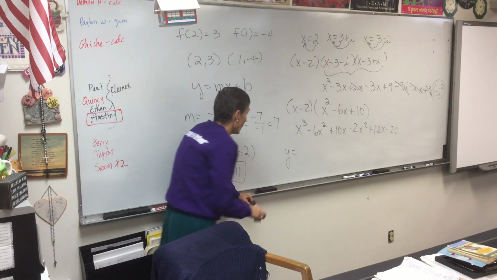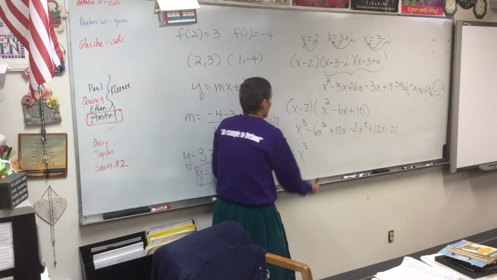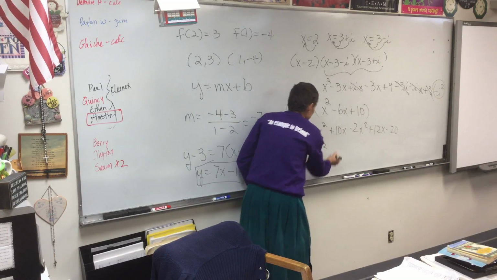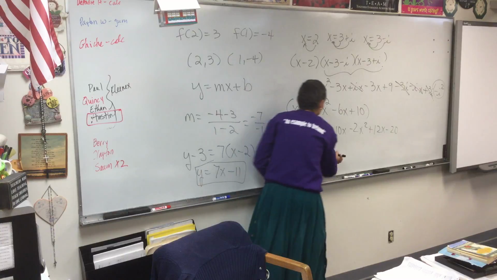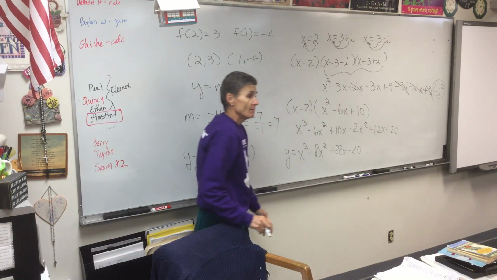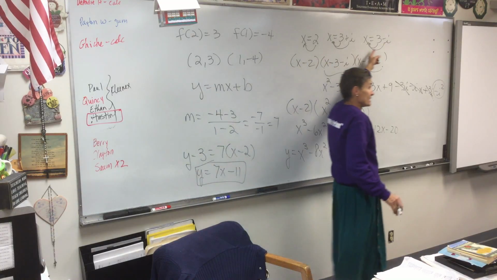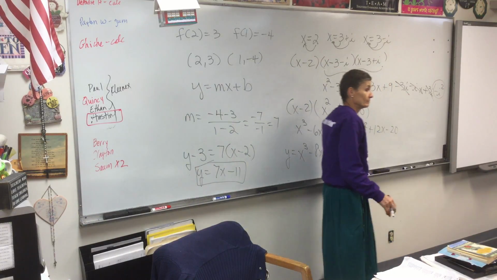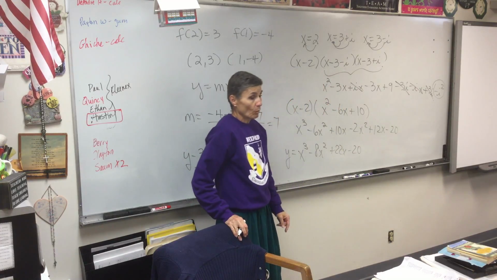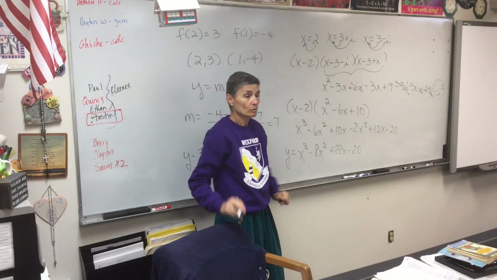Yep, y equals what? x cubed minus 8x squared plus 22x minus 20. There it is. There's the polynomial that if you solved it, you would get these answers. So what's the key? Build the factors. Multiply them together.